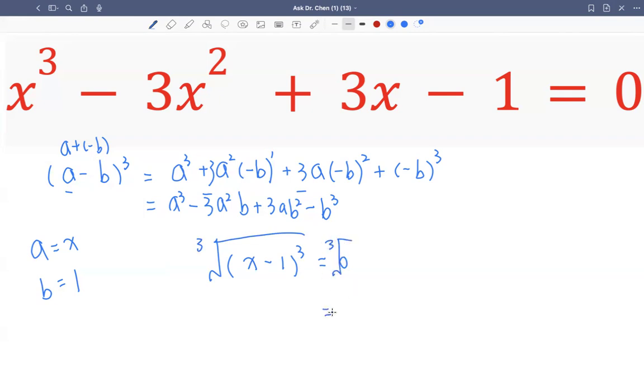The cube root of 0 is still 0, and this side we get just x minus 1. Plus 1 on both sides, so x equals 1. Well, let's plug in to try. With x equals 1, this term is 1. Then this term is negative 3. The next term is plus 3, then negative 1. Indeed, that's 0. Okay, that's this question. We use the binomial theorem. We use a perfect cube.